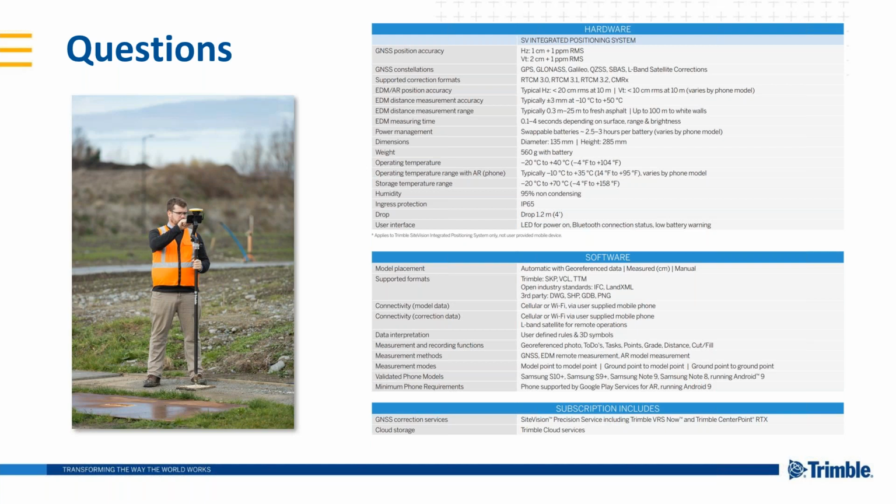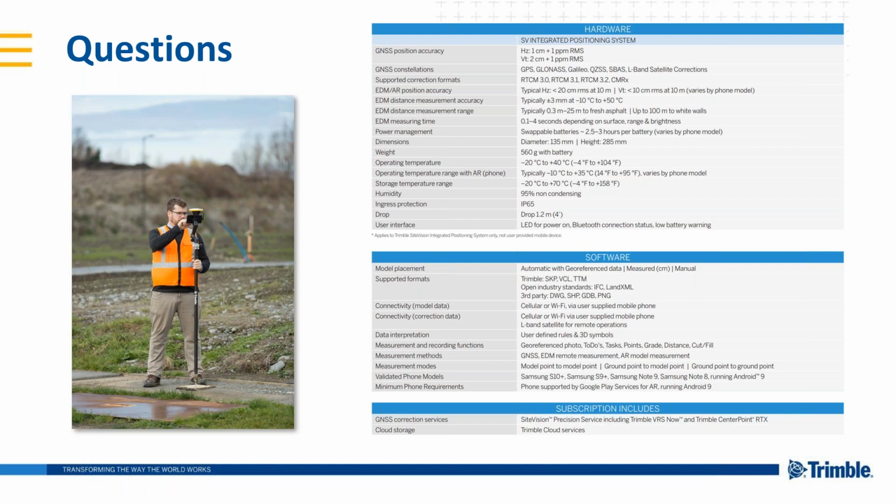There's a question here: can you put the model into the phone directly without Trimble Connect? The answer is no. There is an offline workflow where you can use the system out in the field without an internet connection, and in that instance you are loading the model that's stored locally on the phone.